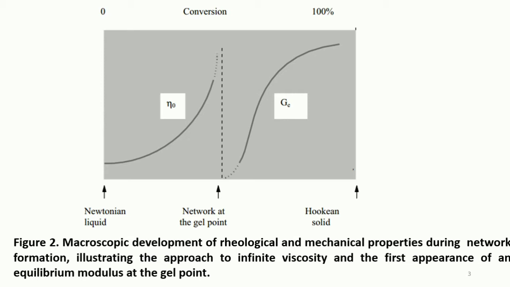This is actually the macroscopic development of rheological and mechanical properties during network formation, illustrating the approach to infinite viscosity and the first appearance of an equilibrium modulus at the gel point.